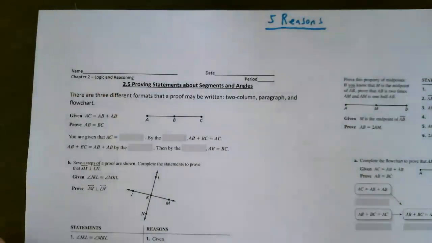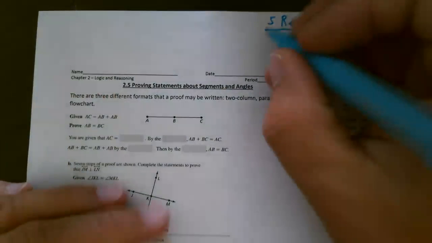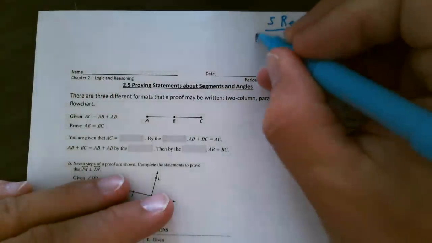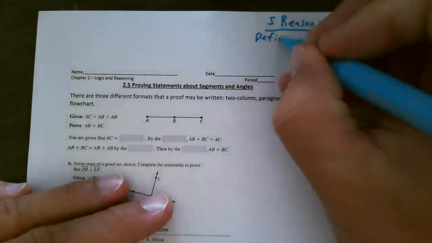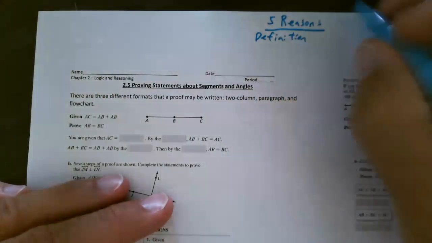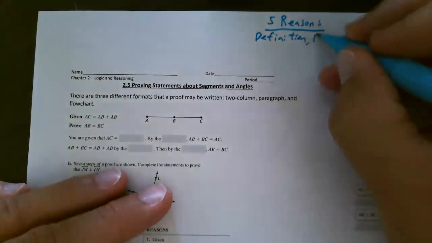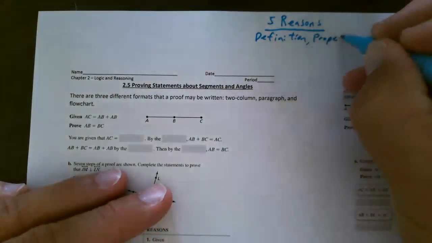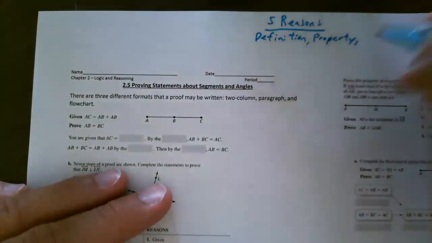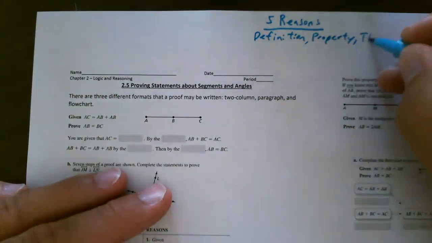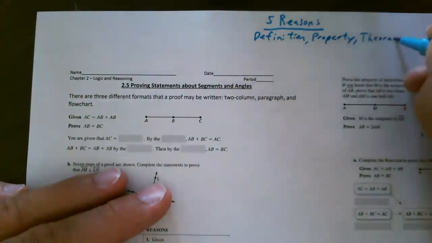Now, the only 5 things that you should ever use as a reason when doing a proof is first, a definition. Second, a property. Third, a theorem.